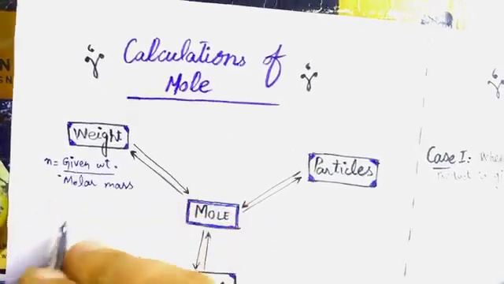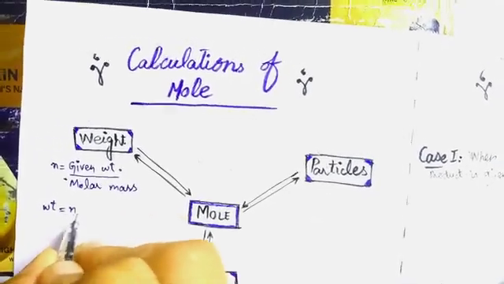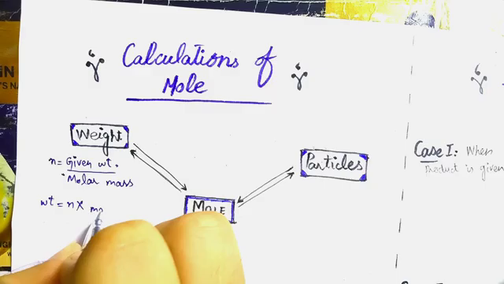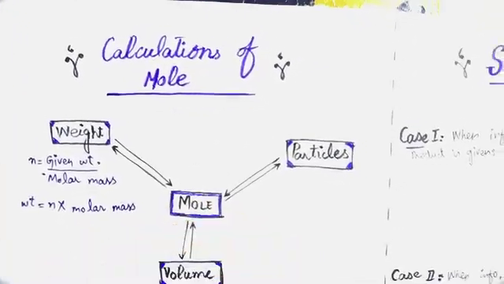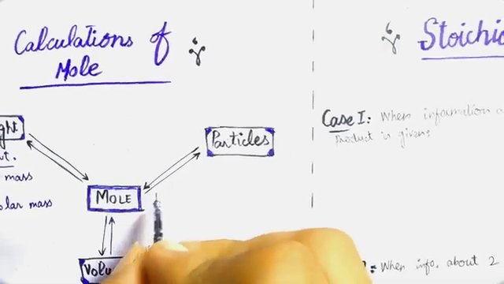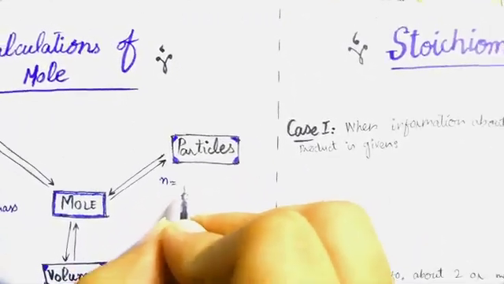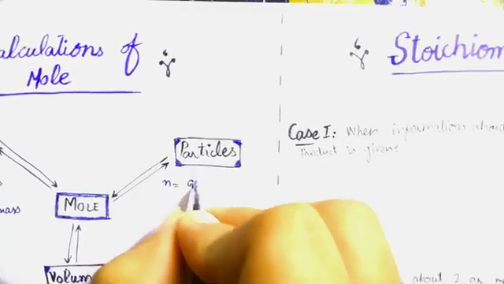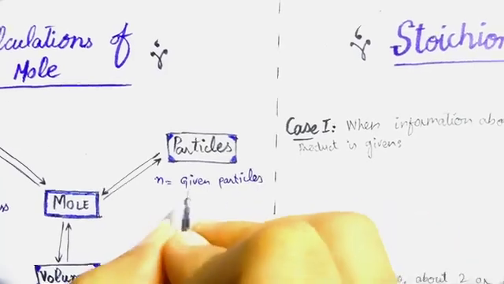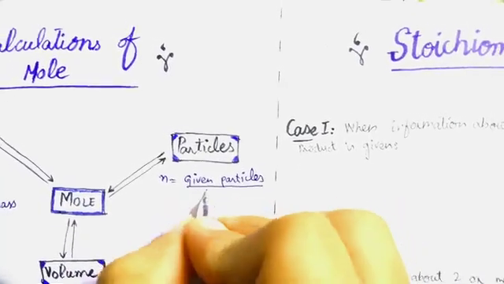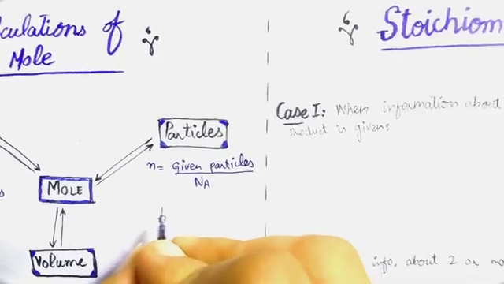And if we find weight, number of moles multiplied by molar mass. And if we find mole by using particles, moles is equal to given number of particles divided by Na, Avogadro's number, whose value is 6 multiplied by 10 power 23.